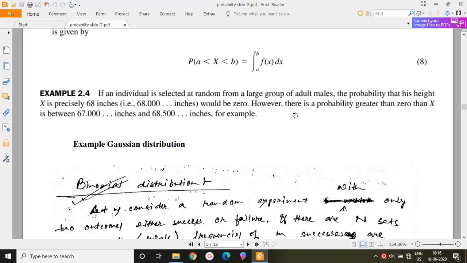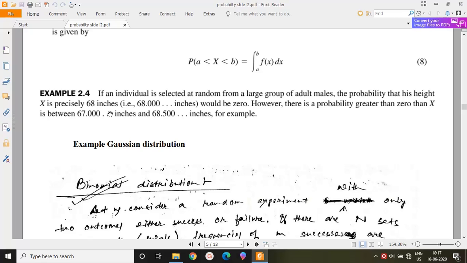But in this case you can find the probability that a person's height is between 67 and 68.5 inches. That you can easily find out, but you will not be able to get the value of probability for a particular exact value.